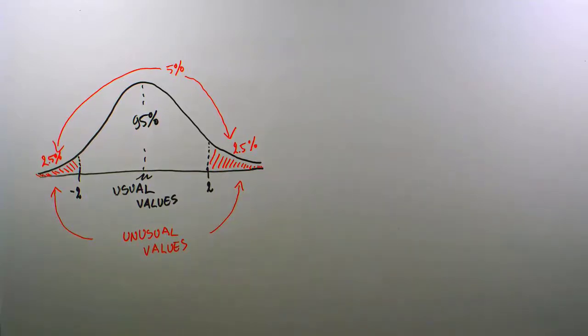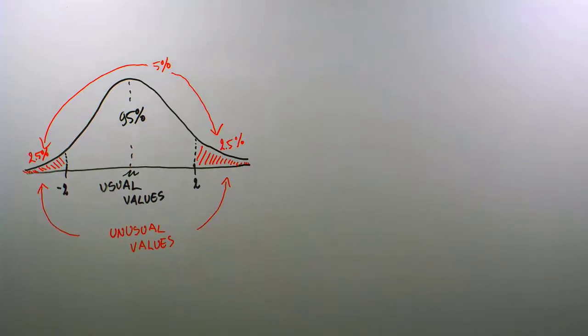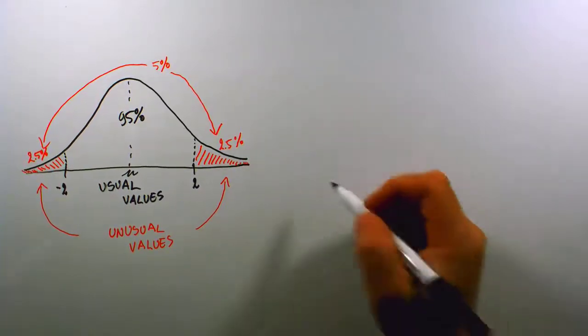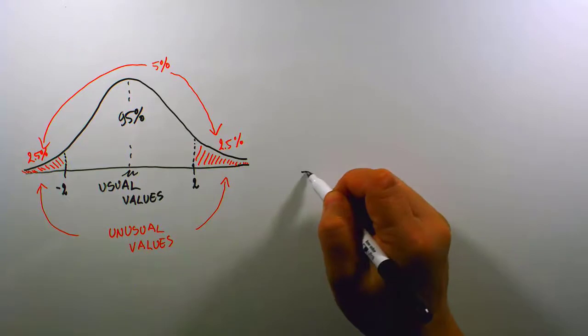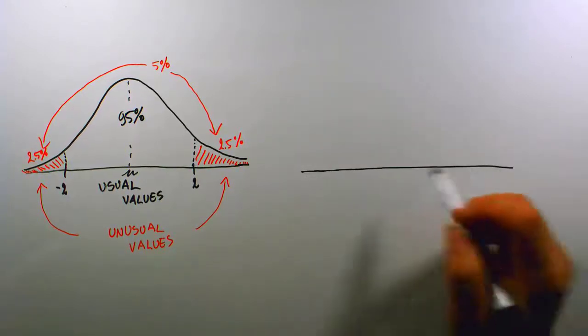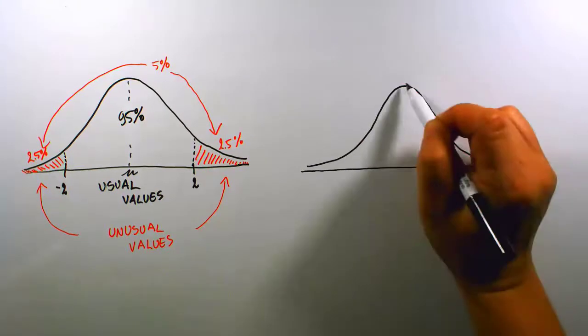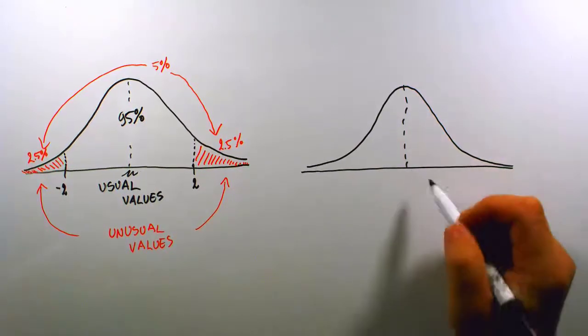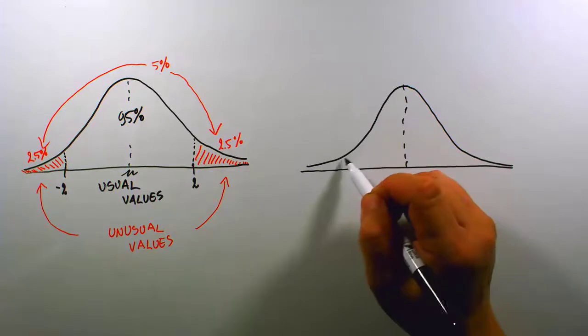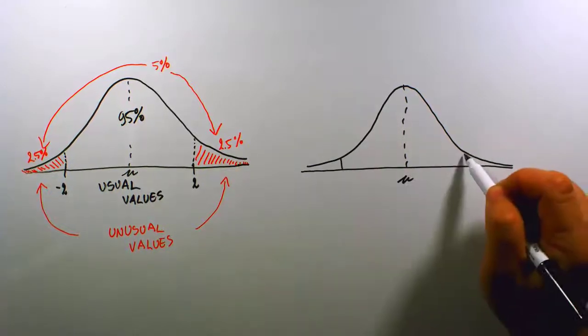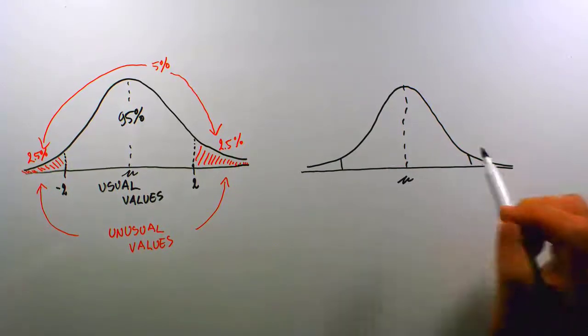Then we can extend that concept further to a generality on the bell curve. Generally on any bell curve, with the mean right in the middle, there's always a big fat area in the middle.